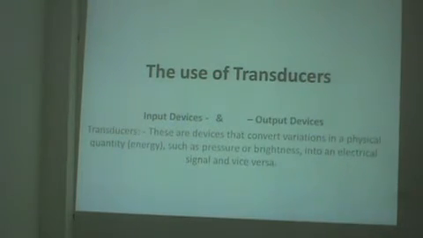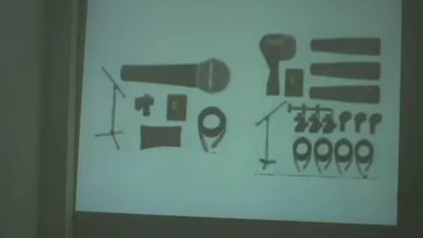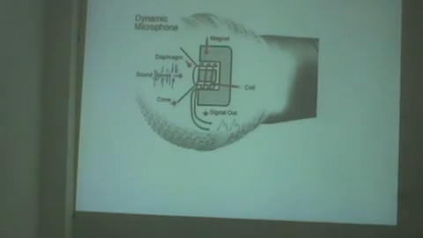But then we're saying they are devices that convert energy from one form to another. And it could be either an input transducer or an output transducer. And we saw pictures of some of the input transducers. We saw the various types of mic shapes and the parts of the microphone.